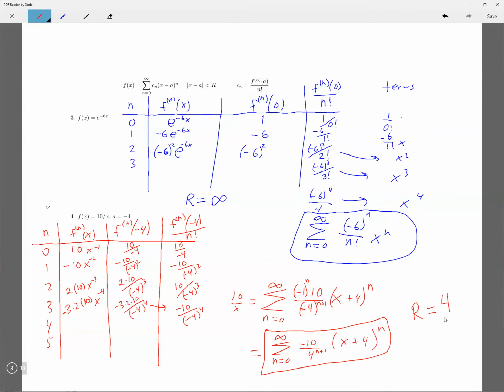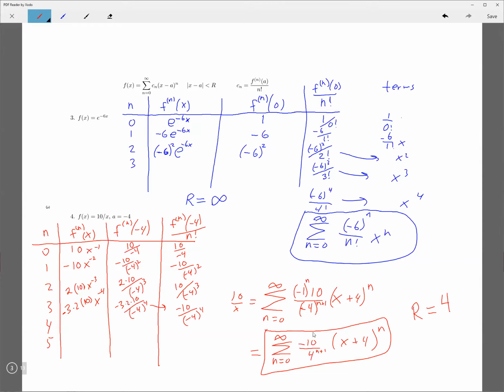It's 4, because this 4 to the n is in the denominator, so that helps it to converge. If the 4 was in the numerator, then the radius would be 1/4.